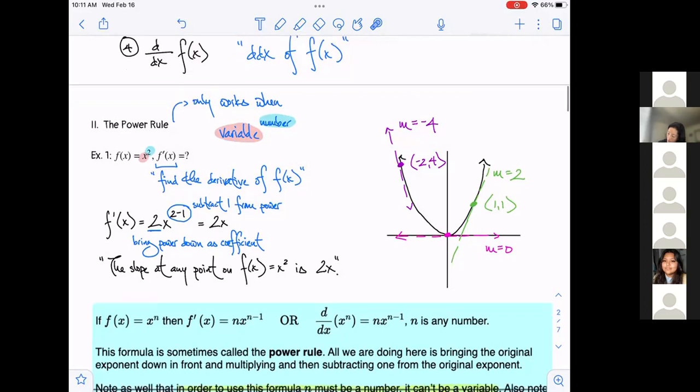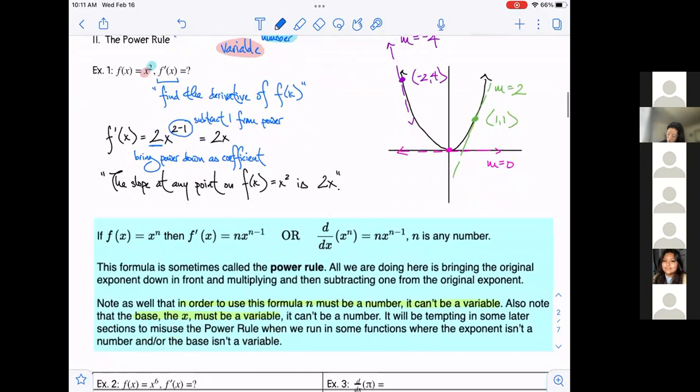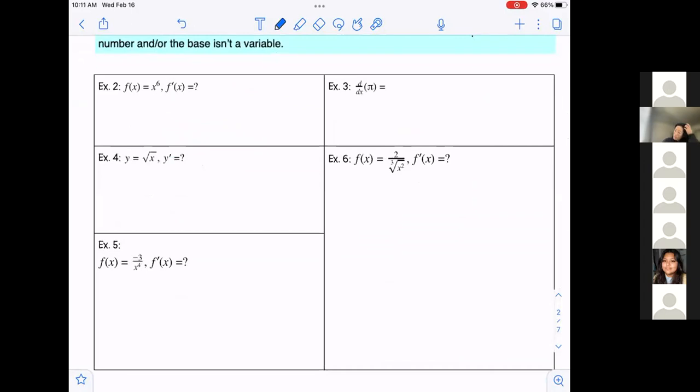All right, before we move on to the next rule, let's do some practice problems here. I've tried to choose a variety of problems because I think it is important for us to see all the special cases, okay?